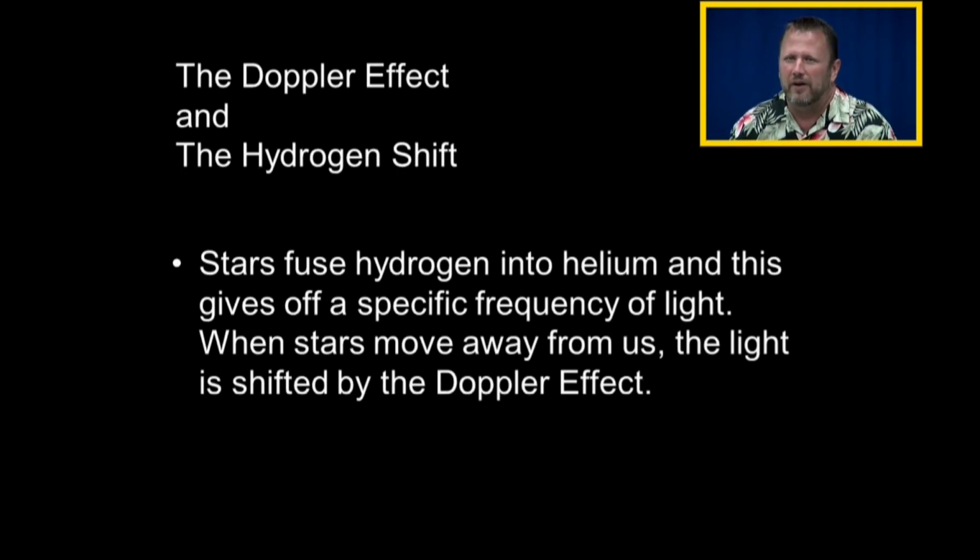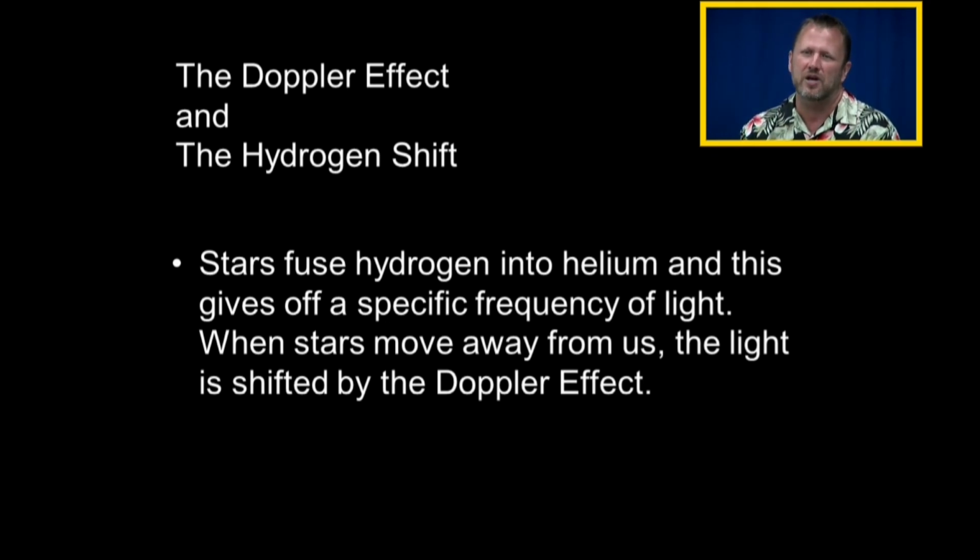Well, electromagnetic waves behave this way, and we learned in the early 20s that when we point the telescopes into the stars, we can notice this Doppler effect. And we know this from something called the hydrogen shift. So to make a star work, we have to take hydrogen and fuse it into helium, and this reaction causes a very specific frequency of light.